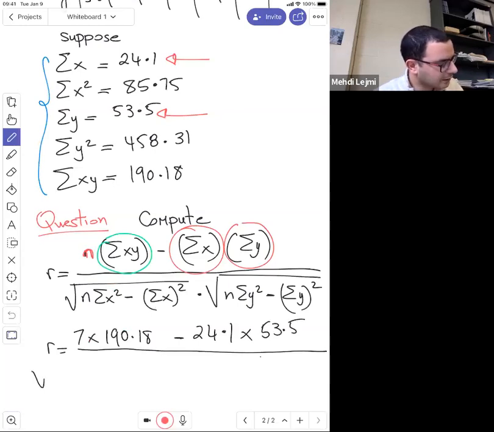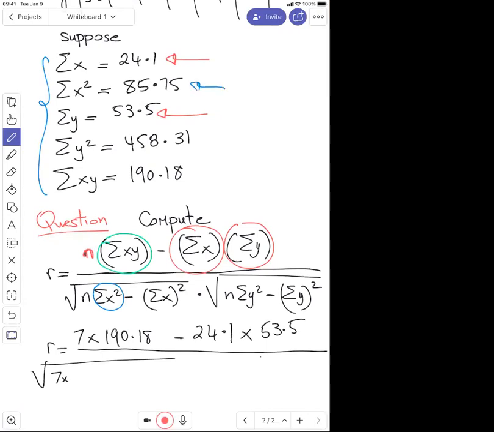Now, the denominator. So we have, again, n, we said it's 7 times. Now, there's this number, sum of the x squared. Which number will that be? Any guess? That's 85.75.